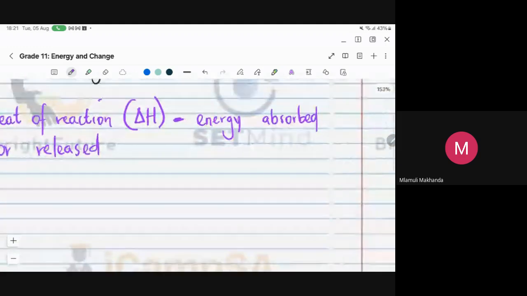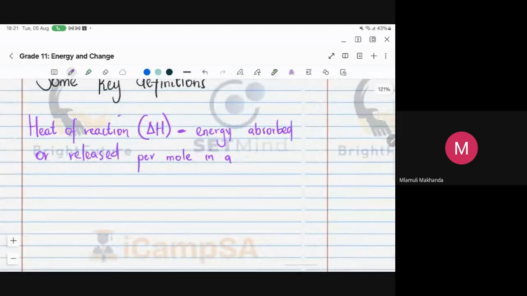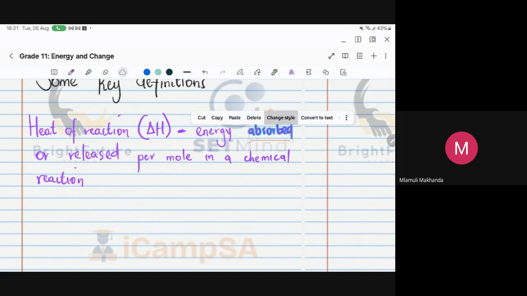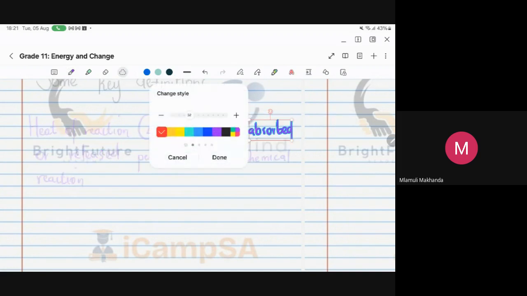In a chemical reaction. Now, I want us to pay attention to these keywords: absorbed or released. Chemical reaction. Start with absorbed, let's make it red.